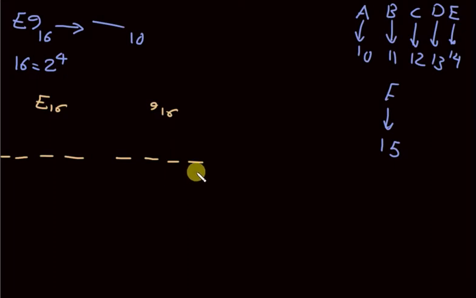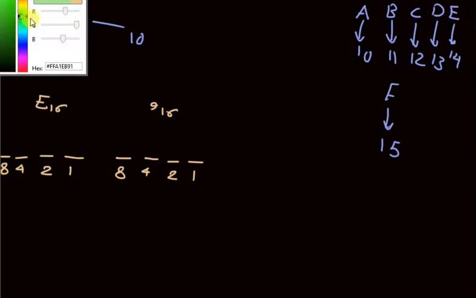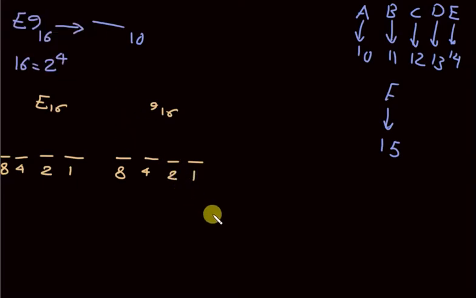I'm just gonna write the numbers here. So this is 1, 2, 4, 8, and this is 1, 2, 4, 8. So here I want to get a 9. I can put a 1 here, now I have 8. I have to put 0 for these ones, and I can put a 1 here, now I will get 9. So for E, E is number 14.